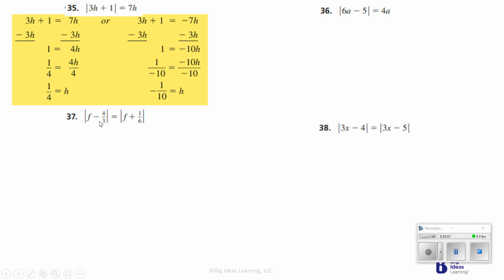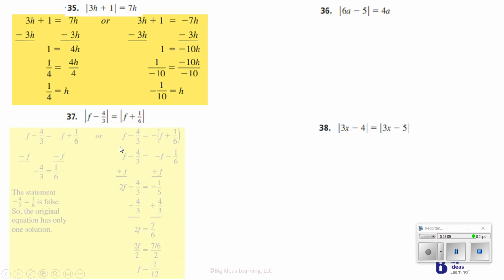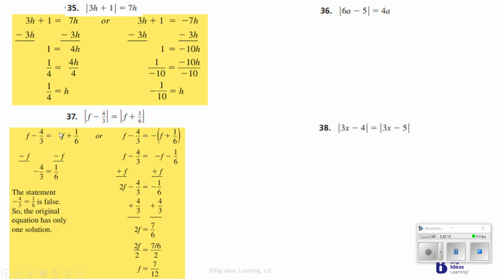We've got the absolute value of f minus 4 over 3 equals the absolute value of f plus 1 over 6. When we do this, we realize we're going to be putting a negative sign next to the second part. So on this one, we get f minus 4 over 3 equals f plus 1/6.